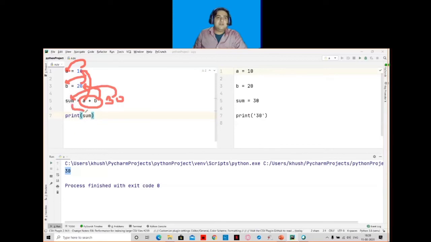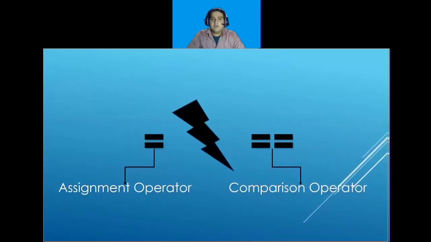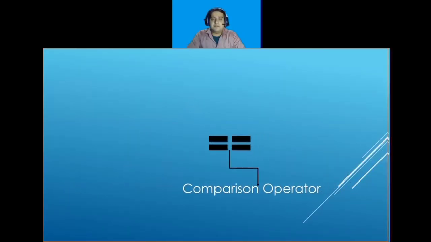So if I call this variable sum to print, it will call this value 30 and it will print my result as 30.